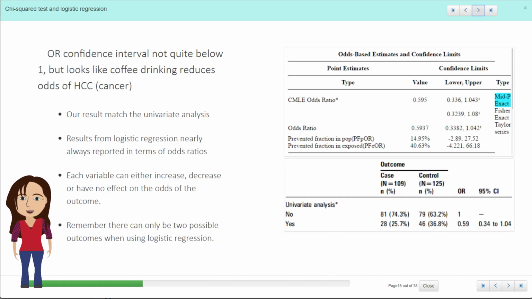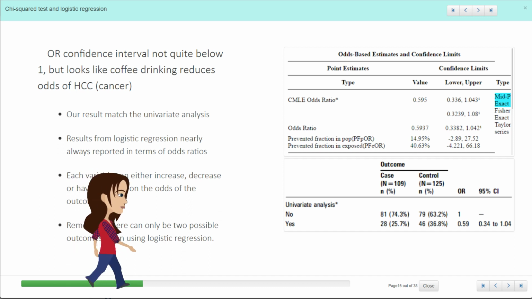If you scroll down your OpenEpi output, you'll see the odds ratios. So the odds ratio of having the carcinoma if you're a coffee drinker is 0.595.